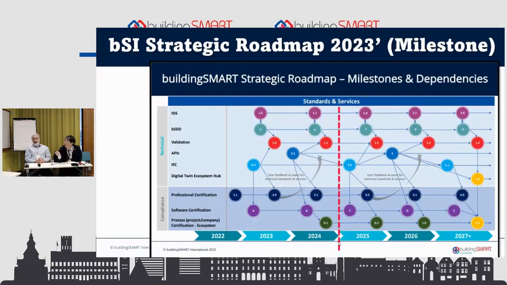So go next. This one is also from the strategic roadmap. And then there's the milestone. And for each technology, there's the version. And as I explained, here API 2024, the 2.2, it means the OpenCDE API 2.2 will be released.